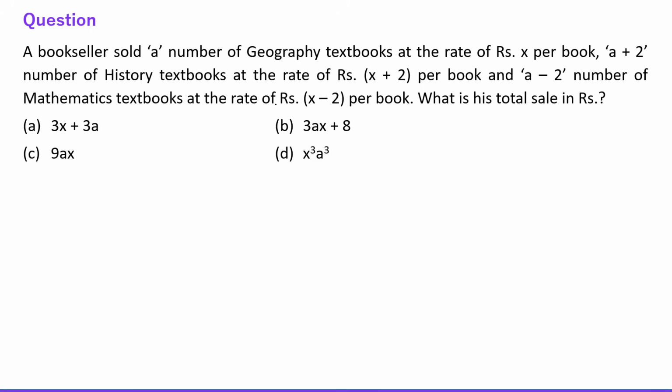Next question is, a bookseller sold a number of geography textbooks at the rate of X rupees per book, a plus 2 number of history books at the rate of X plus 2 per book, and a minus 2 number of maths books at the rate of X minus 2 per book. What is the total of sale in rupees?